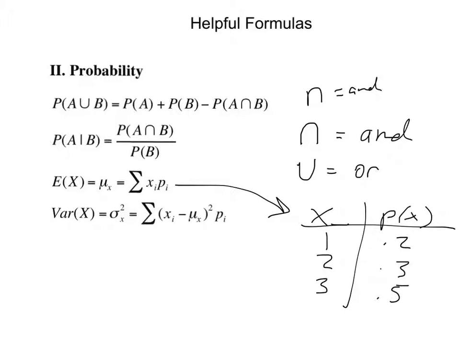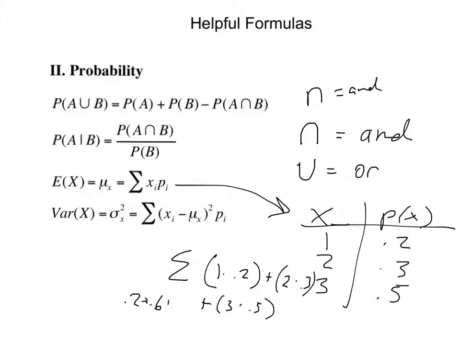So what you do here is you add the sum of these multiplied together. So sum of, this is sigma. So 1 times 0.2 plus 2 times 0.3 plus 3 times 0.5 equals 0.2 plus 0.6 plus 1.5 equals 2.3.